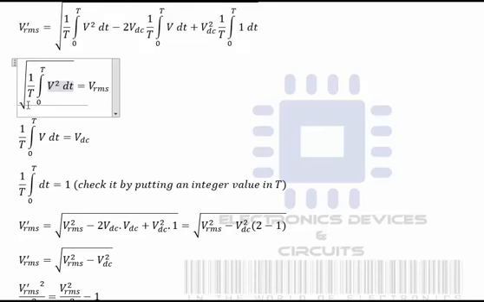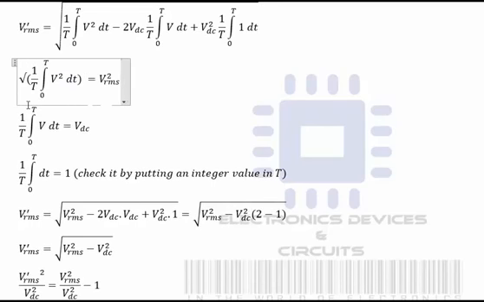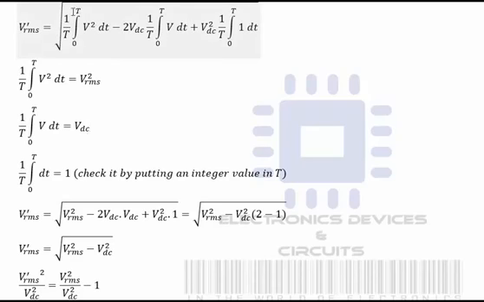I substituted a root just to explain, but I am undoing it. So the first term should be VRMS square.